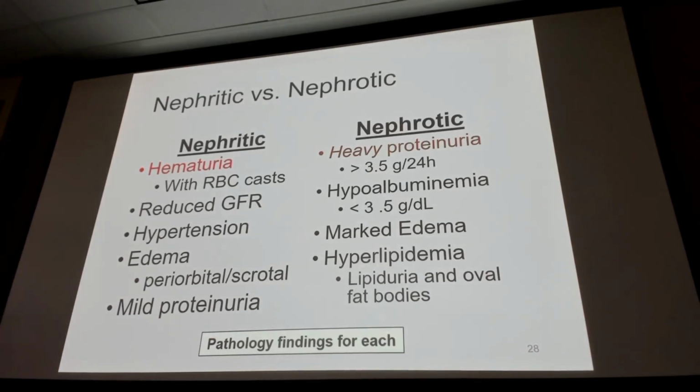Because they're losing it. It's all dumping. So when you're looking at the values that you're given, make sure that you know whether or not it's their serum protein level or their urine protein level, okay?